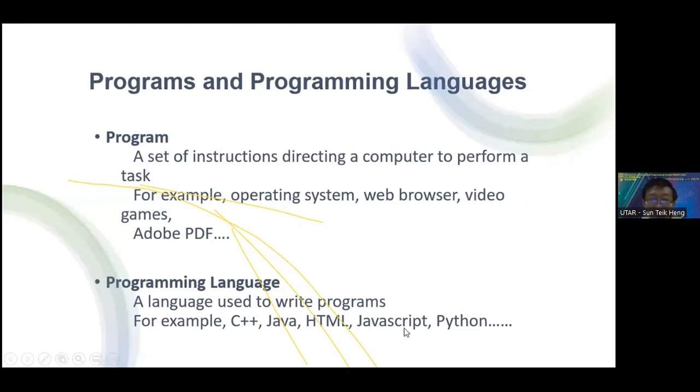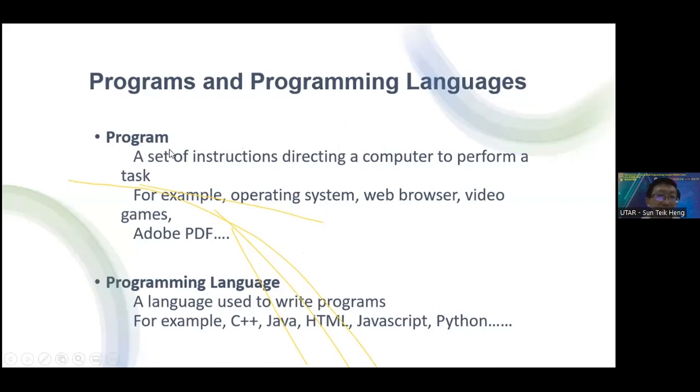You can also use JavaScript to write that, or you can use Python. But for other programs, you can use a Java program or C++ program to write some desktop applications, which we'll see later in the examples in session 2.